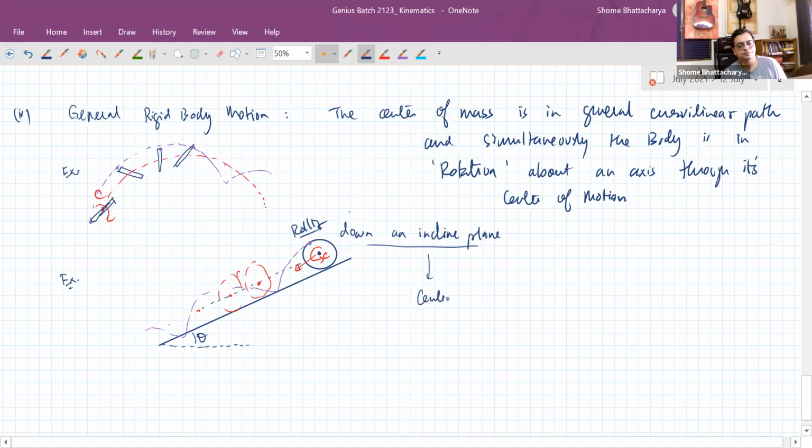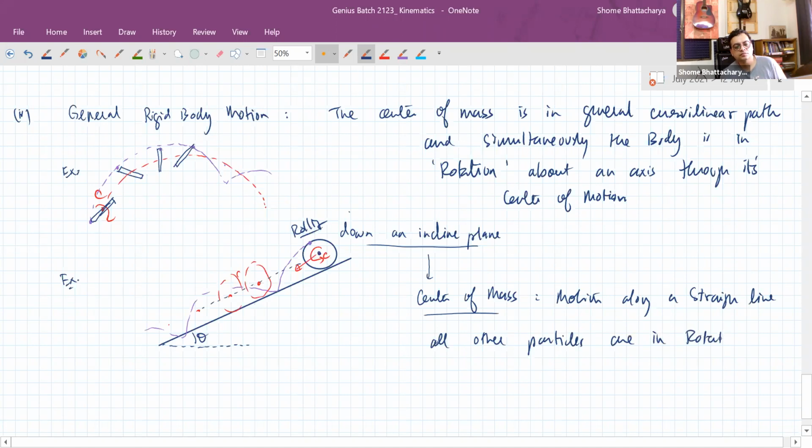The center of mass is in motion along a straight line, whereas all other particles are in rotation about an axis through the center of mass, while the center of mass itself is moving.